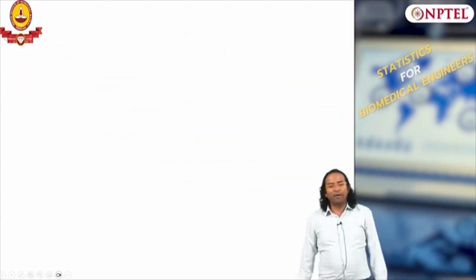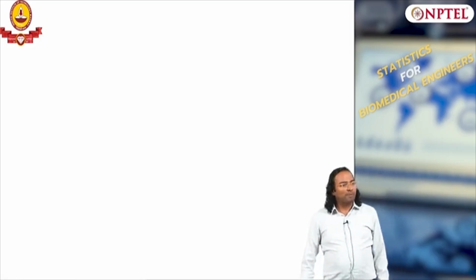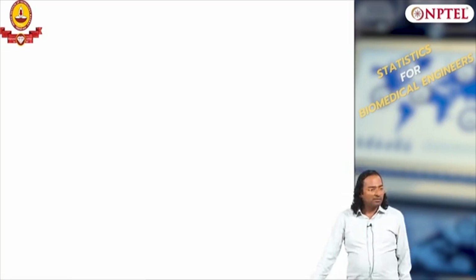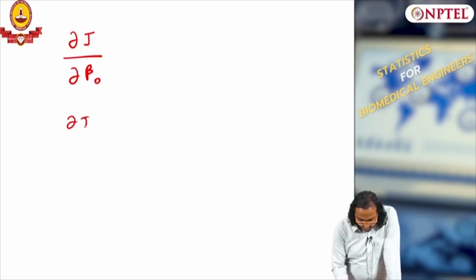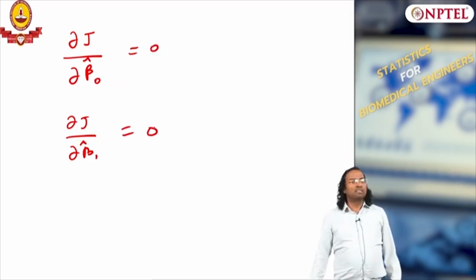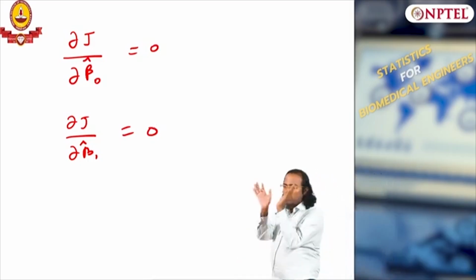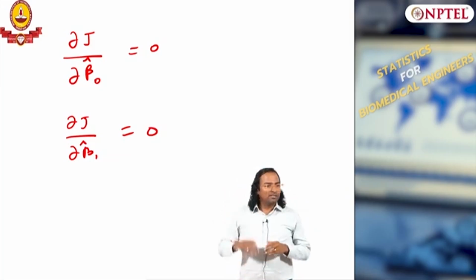So now how am I going to find the unknown parameters? Once you understand this, it becomes easier. You have to minimize the objective function with respect to beta hat and set the derivative to 0. This could be a minima or a maxima point, because at both the bowl and the peak the slope is 0.